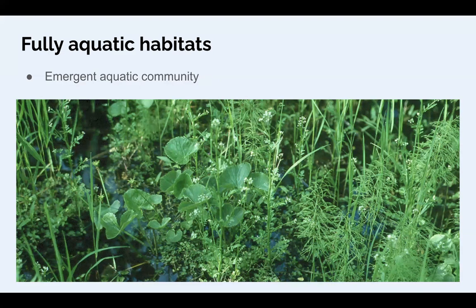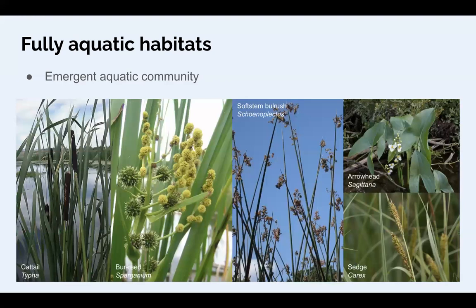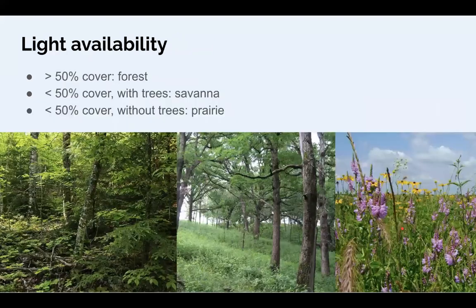And usually you'd find these on a lake edge or something like that. And just some example plants here, some you're probably familiar with, cattails. Related to cattails are the burr reeds, soft stem bulrush, sometimes a rather tall plant here, arrowheads and sedges, just to name a few. So those were our aquatic habitats.